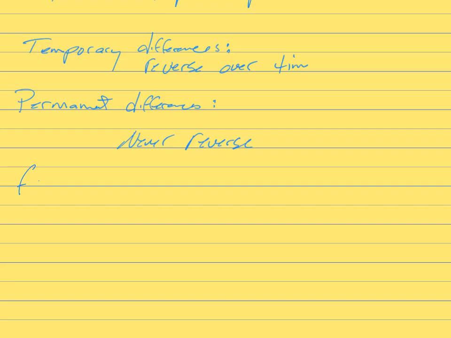And then we also have favorable and unfavorable. And if we always think about these from a perspective of taxable income, okay, I think they're easier to keep straight.